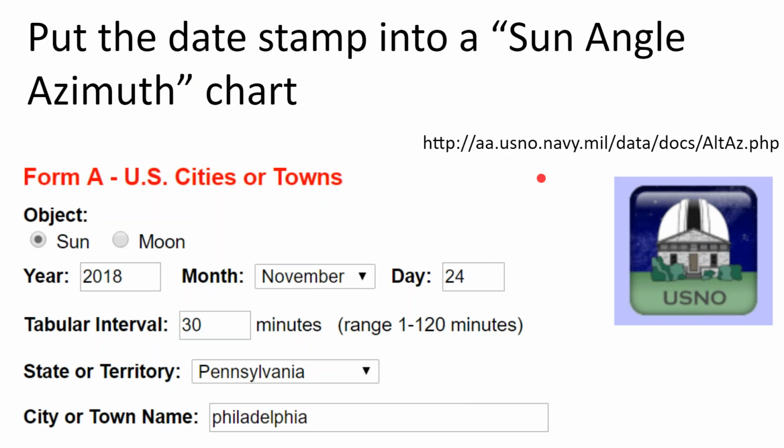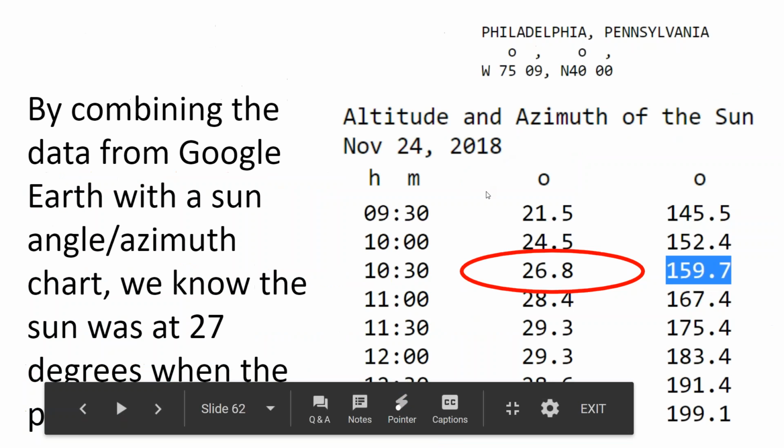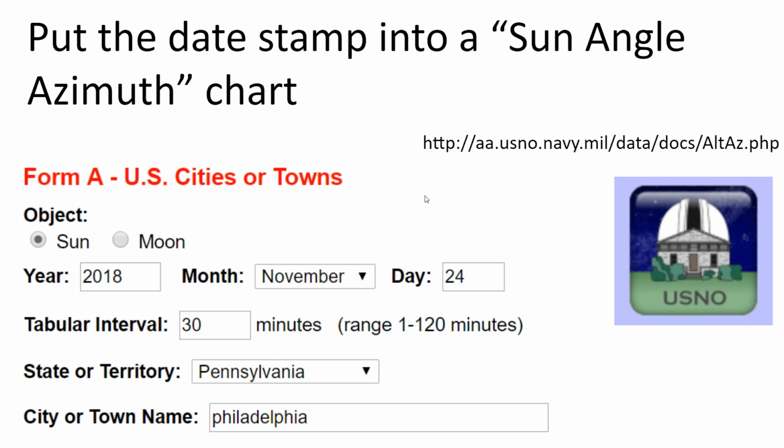And so here, you can just Google Navy sun angle azimuth chart. Here we are using the Navy sun angle azimuth chart, and I'm putting in the date the picture was taken.